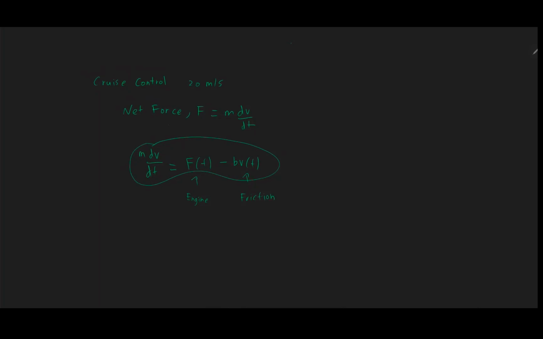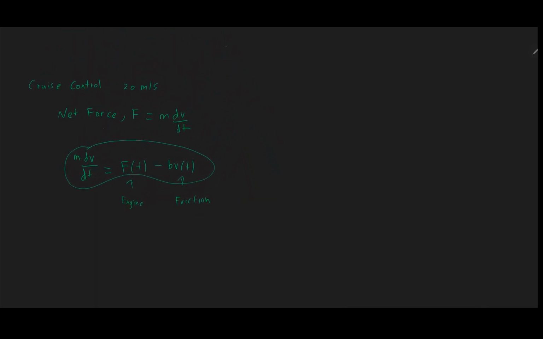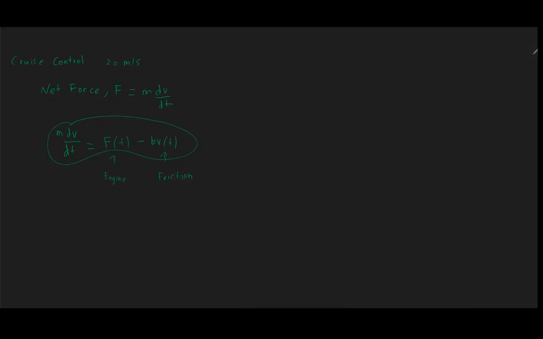To make it easier to do this problem, we will rearrange this into standard form. So this will be m dv over dt plus bvt is equal to ft.